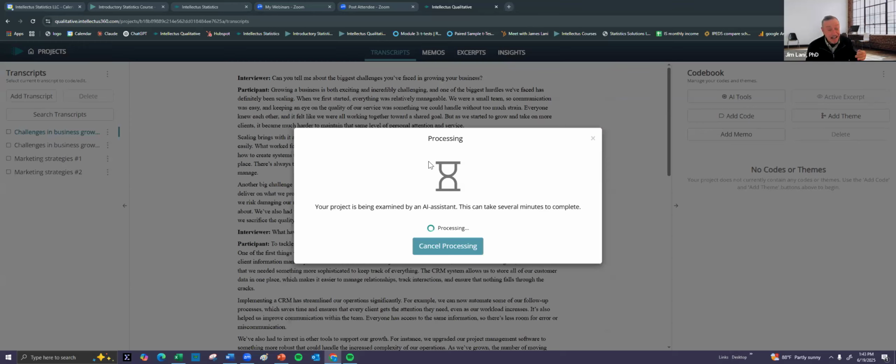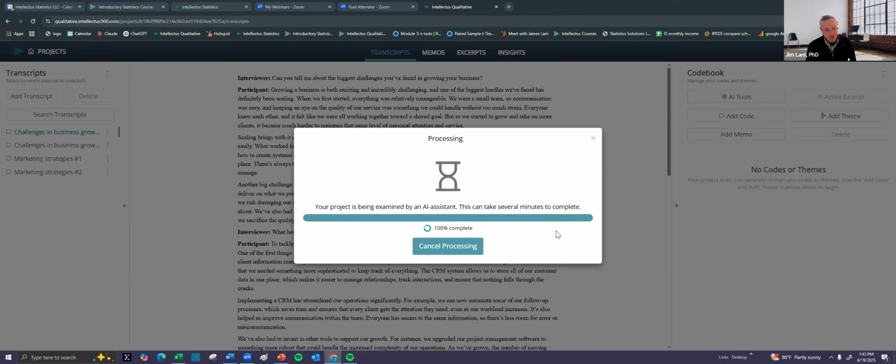Or AI inductive coding, finding important excerpts, putting them together, and then creating some code name and code description for them. This would have been very helpful to me 25 years ago, but nevertheless, it's here now.